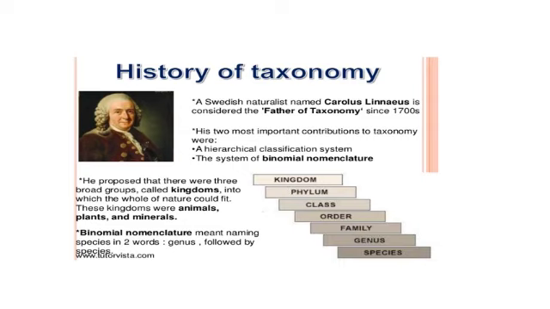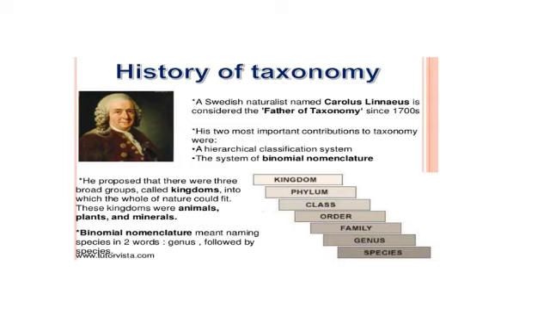Based on the hierarchy classification system, the kingdom is divided, according to Carolus Linnaeus, into animals, plants, and minerals.